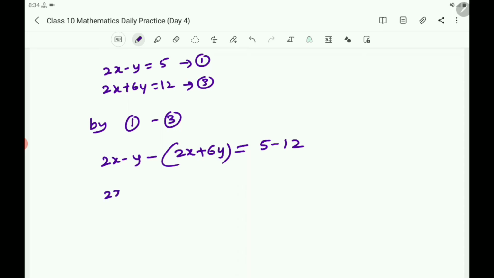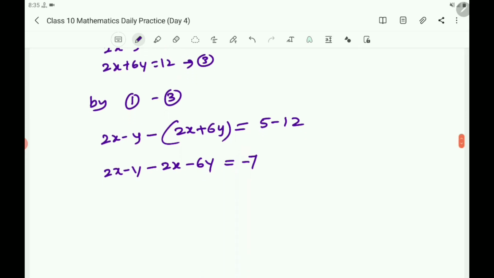Open the bracket. 2x minus y minus 2x minus 6y equals 5 minus 12 is minus 7. Here they are having different signs. You subtract 5 from 12, you will get 7, and the greater number 12 is having the negative sign, so you put the sign minus. Then 2x minus 2x cancels, minus y and minus 6y are there.